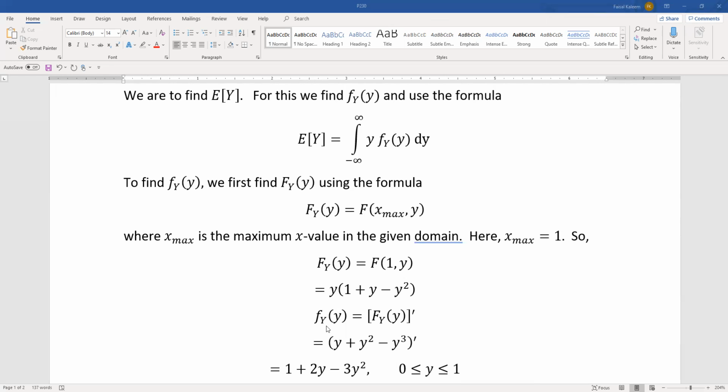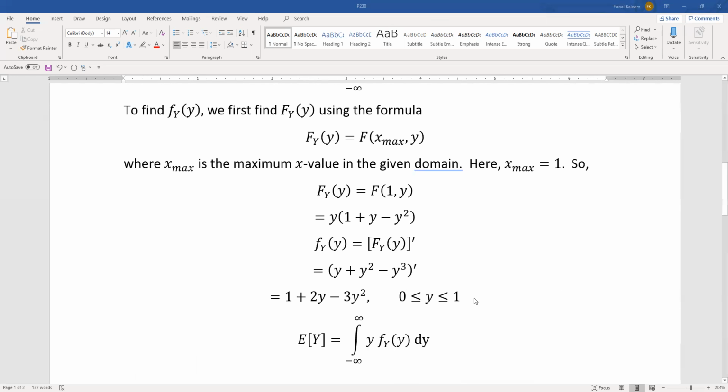And the marginal PDF of Y is the derivative of the marginal CDF, as always. Any PDF is the derivative of the corresponding CDF. To take the derivative, I first multiply it out.